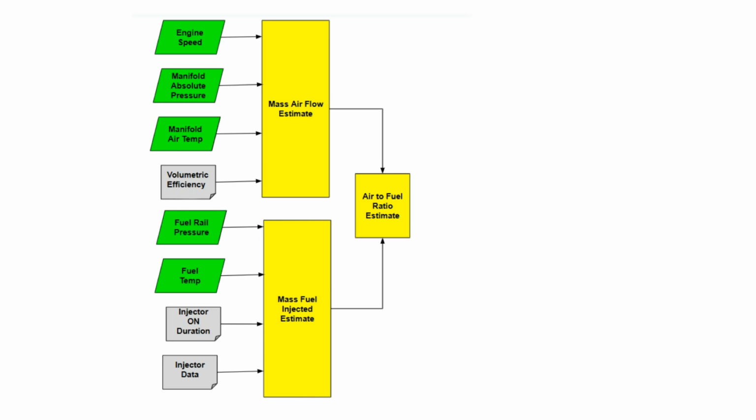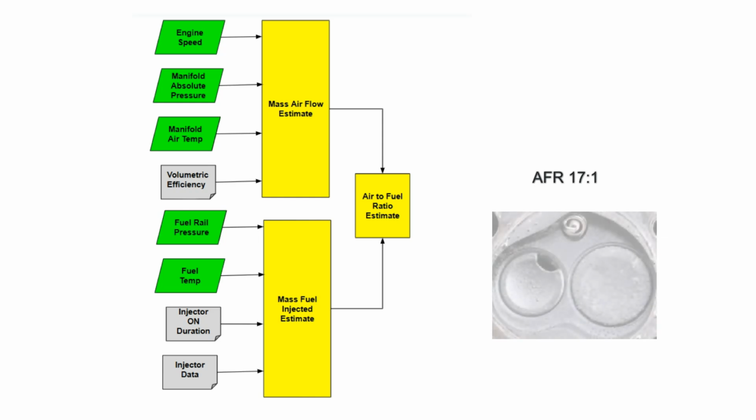It's probably worth mentioning one of the big differences between gasoline and diesel when it comes to air-fuel ratio. A lean mixture of, we'll say, 17 to 1 in a gasoline engine under load, if it didn't misfire, may result in burned valves and holes burned through pistons and other damage.